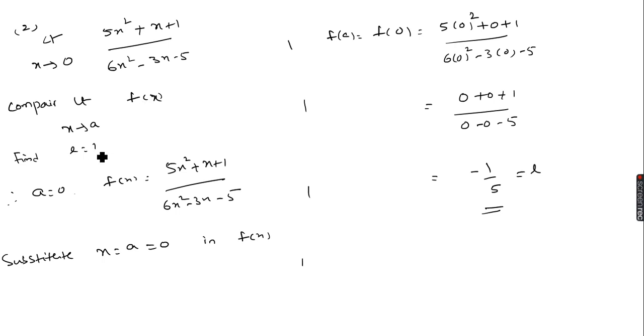What we find is L. Comparing, a is equal to 0 and f of x is equal to 5x square plus x plus 1 by 6x square minus 3x minus 5. We substitute x is equal to a, and a is 0 in f of x. So that is f of a, equal to f of 0. Then we get minus 1 by 5, and this is equal to the limit.